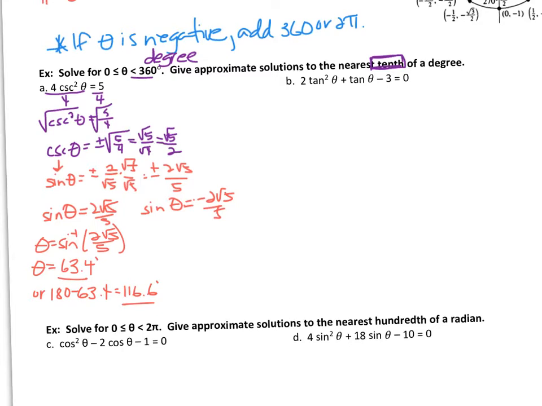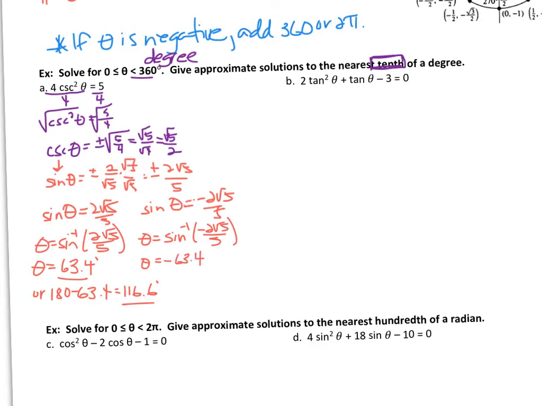For the other answer, if we take sine inverse of negative 2 radical 5 over 5, sine is negative down in quadrants 3 and 4. That's where our two answers should put us. When we type this into our calculator, we actually get the same number, but negative. We get negative 63.4.